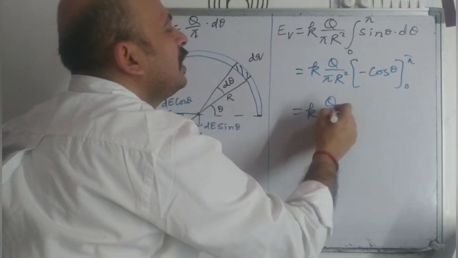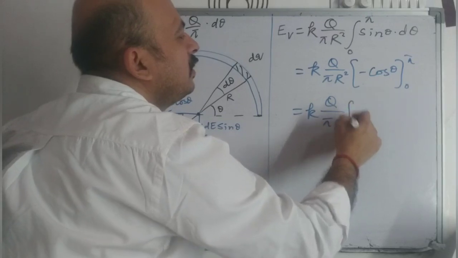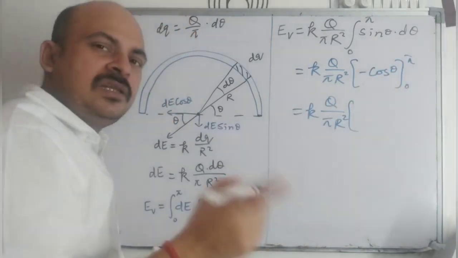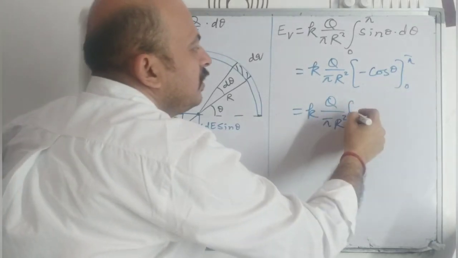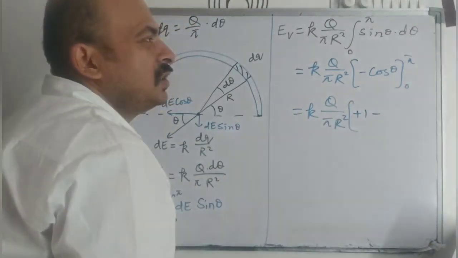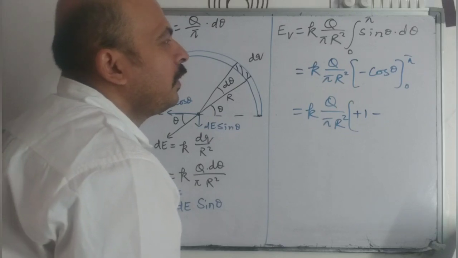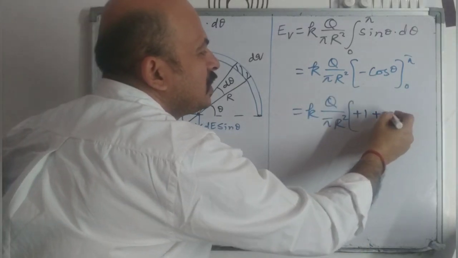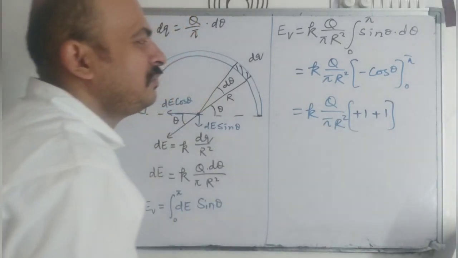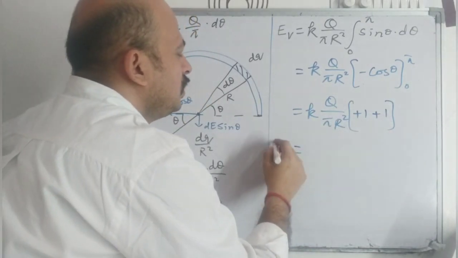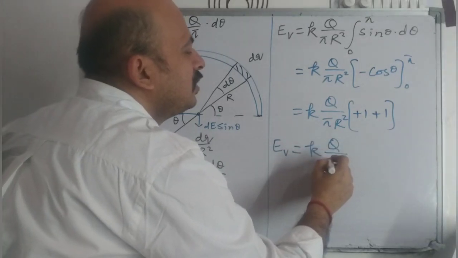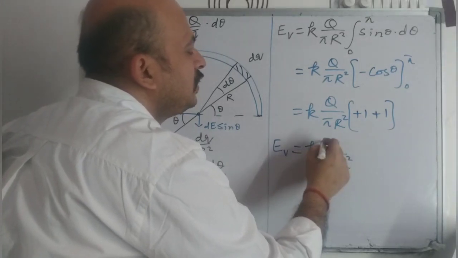That gives minus cos pi, and cos pi is minus 1, so minus minus plus 1, minus cos 0, and cos 0 is 1. So it becomes 1 plus 1, which is 2. So E vertical will be equal to k capital Q upon pi r square into 2.